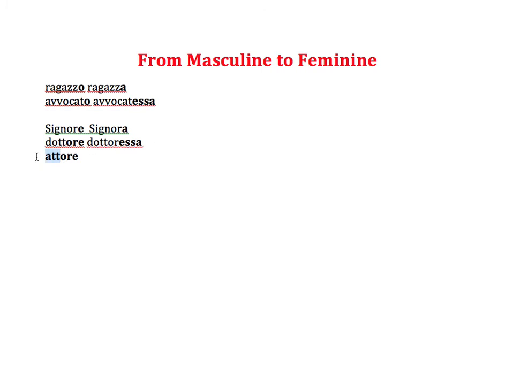Okay, what about attore? Same thing. We have a masculine word ending in ore, like dottore, but the feminine is different. It's not attoressa, but is, you already know this, attrice. So the result can also be ore, trice.